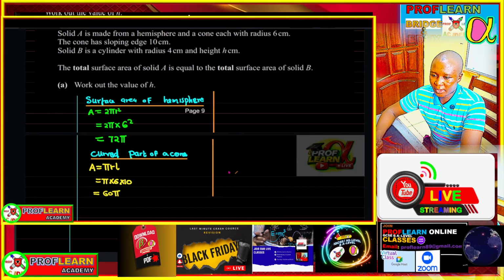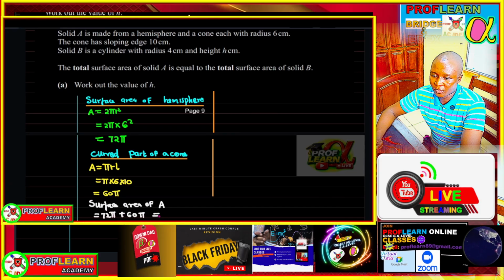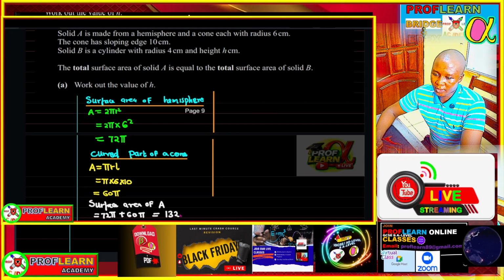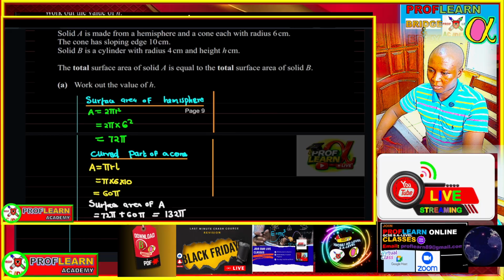Once we have gotten that, we add the two together to find the surface area of A, which is 72 pi plus 60 pi, and that is equivalent to 132 pi as the final answer.